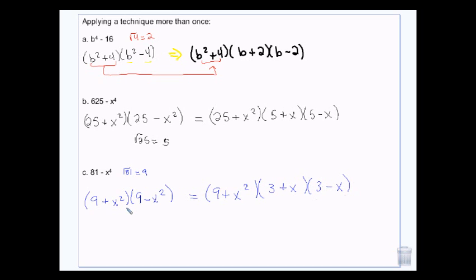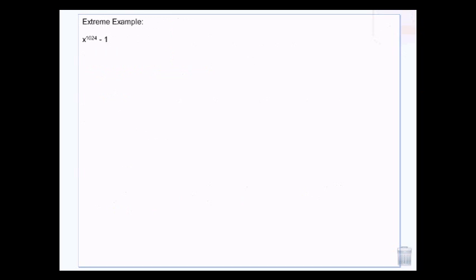Okay. So after you factor, here's a really extreme example of lots of factoring. First I'm going to do 1024 divided by 2, and I get 512. Plus 1, minus 1. Perfect squares again.